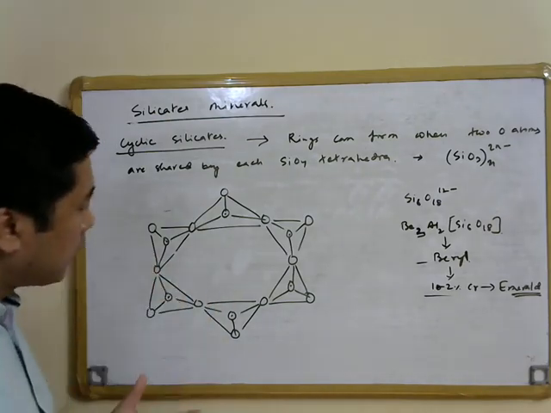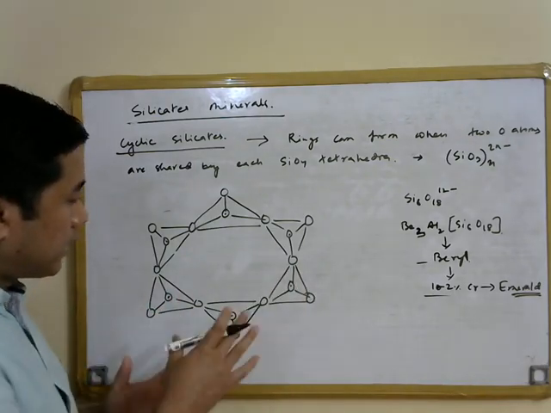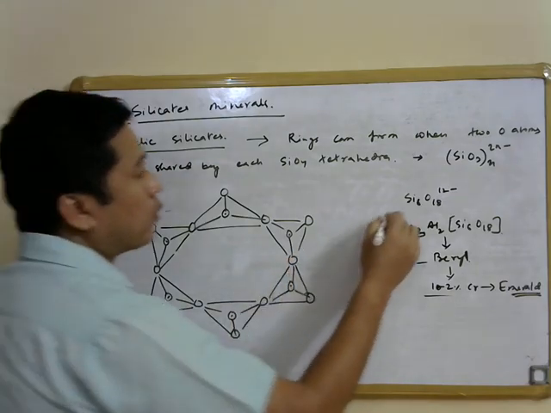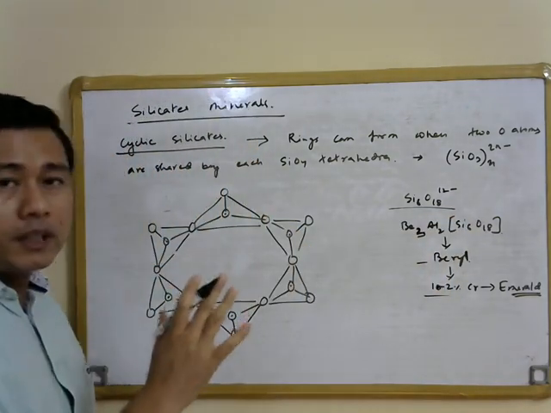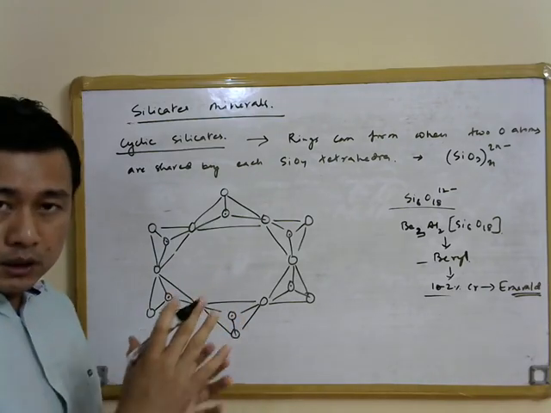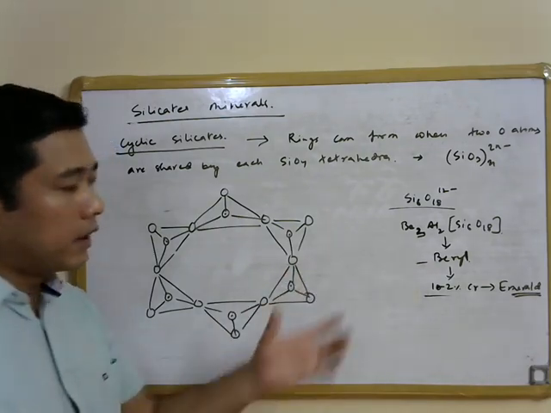And again, in case of beryl, if you look at the structure, the Si6O18 cyclic structures are essentially stacked one over the other, and this essentially forms a hexagonal channel in case of beryl.